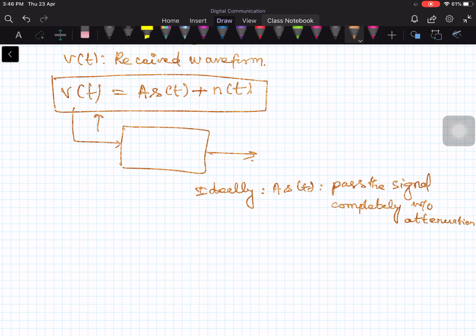And what about noise? The noise should be completely rejected.